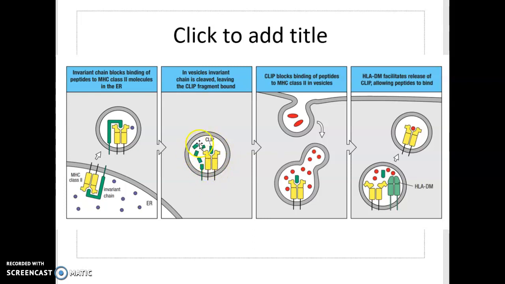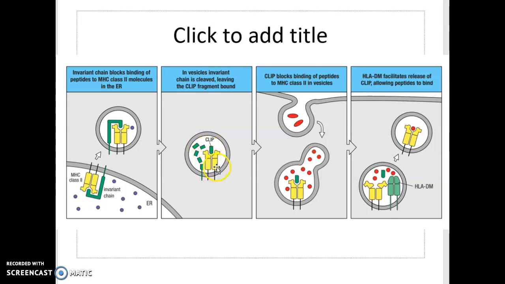And then, of course, the invariant chain is cleaved more, leaving what we can call a CLIP. This CLIP fragment is only covering the peptide binding groove. It's not covering any other part of the MHC class 2 molecule. Again, it's just supposed to be blocking the binding at the binding site of the MHC class 2.